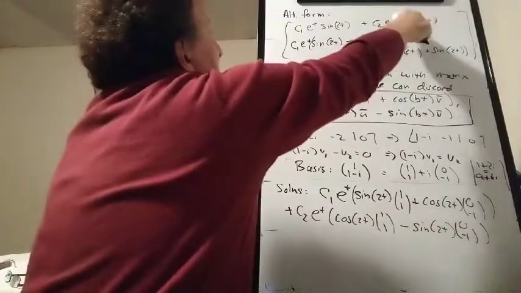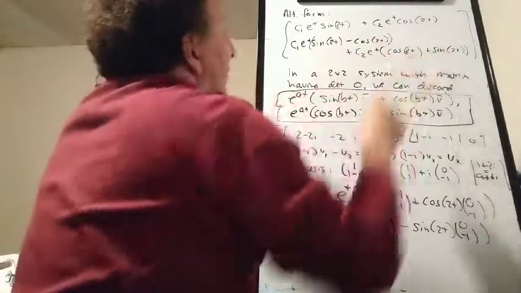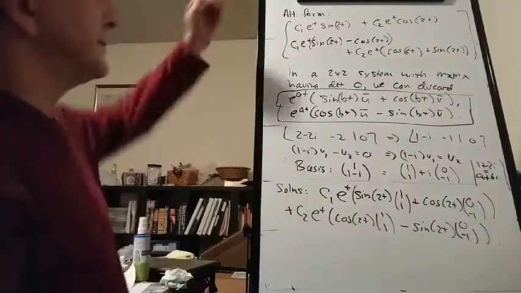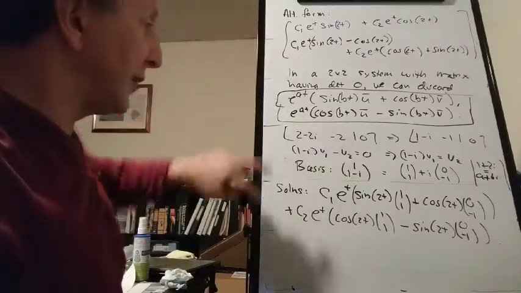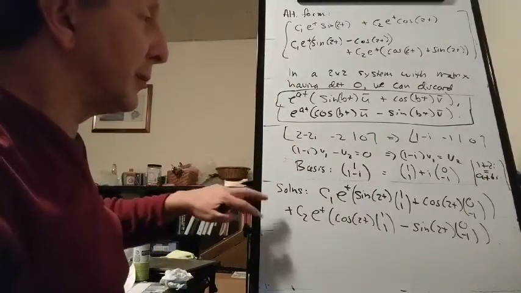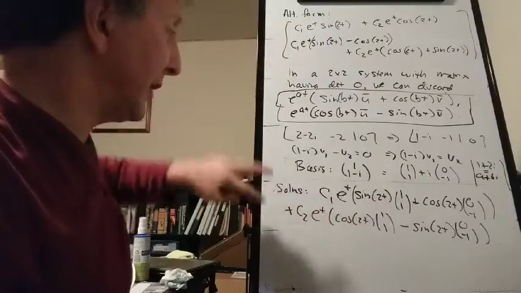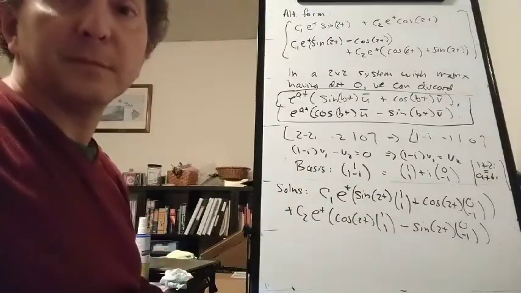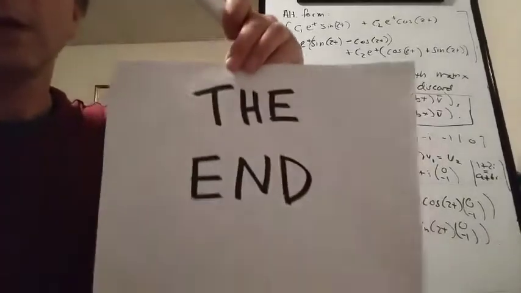So this is the top component, and then this whole sum here is the bottom component. In case you think it looks better this way than that way, or in case in the book or somewhere else you see the solution written that way, it's exactly the same as the solution written this way. The end.